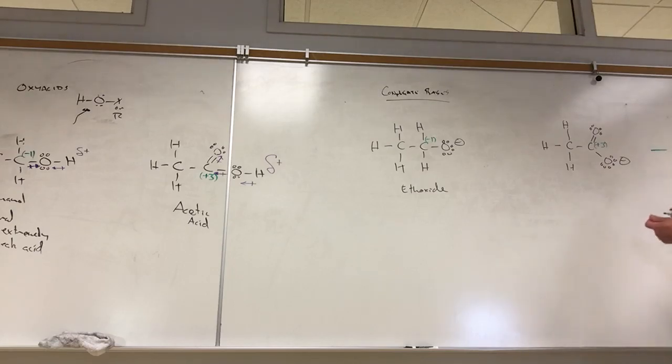Resonance delocalization is a much bigger factor in weakening the base strength of this. Because we can draw another resonance form for this. It's going to look like this. And so we can delocalize the charge over 2 oxygens.